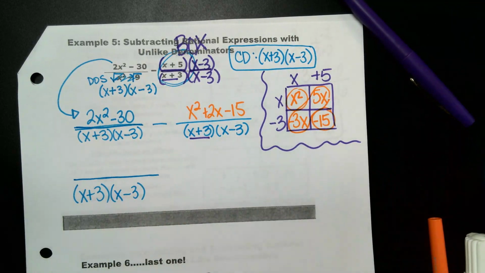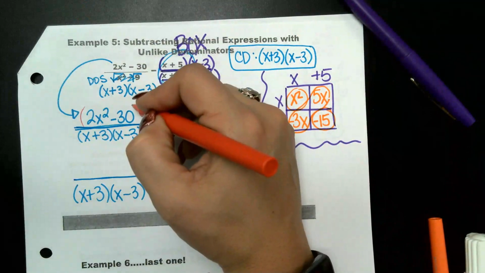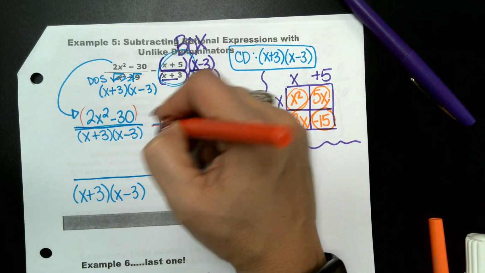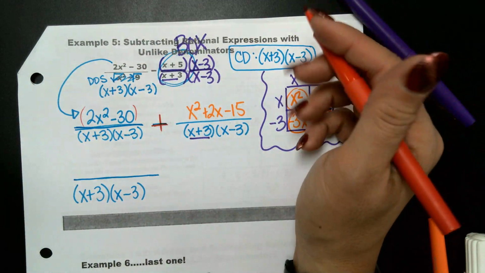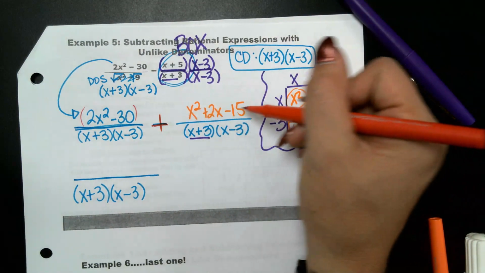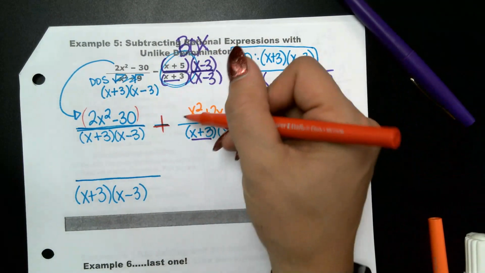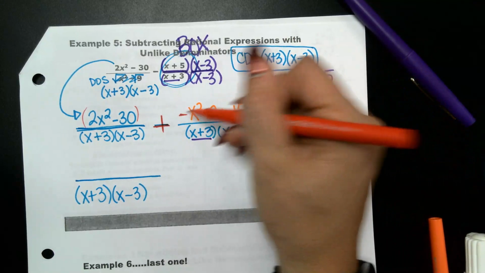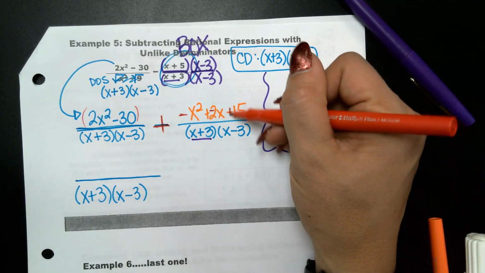Which means we should probably do keep, change, and then see these three terms? They're all going to change. It's keep, change, change. So negative, negative, positive.